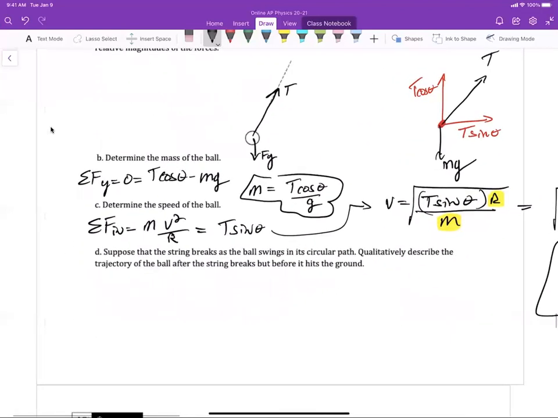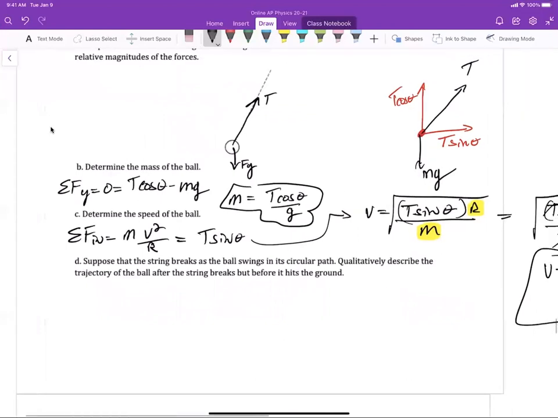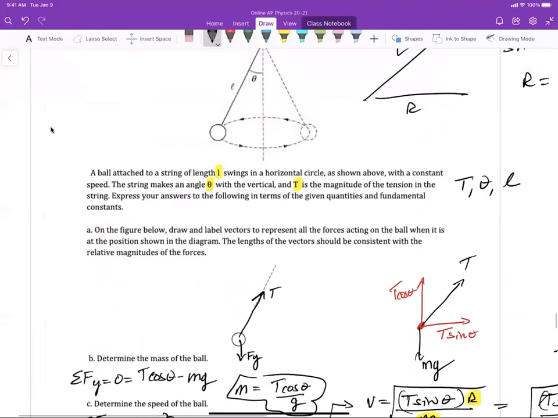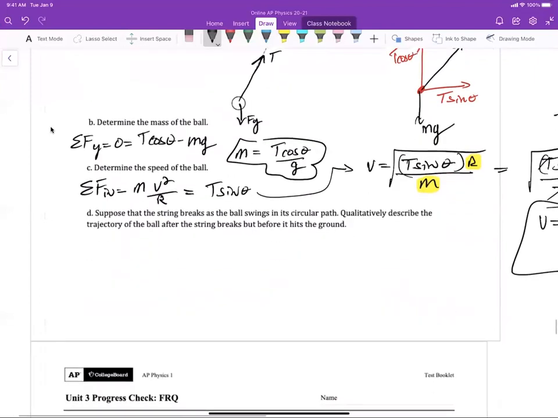Suppose the string breaks and the ball swings in its circular path. Where? Oh, it's horizontal.